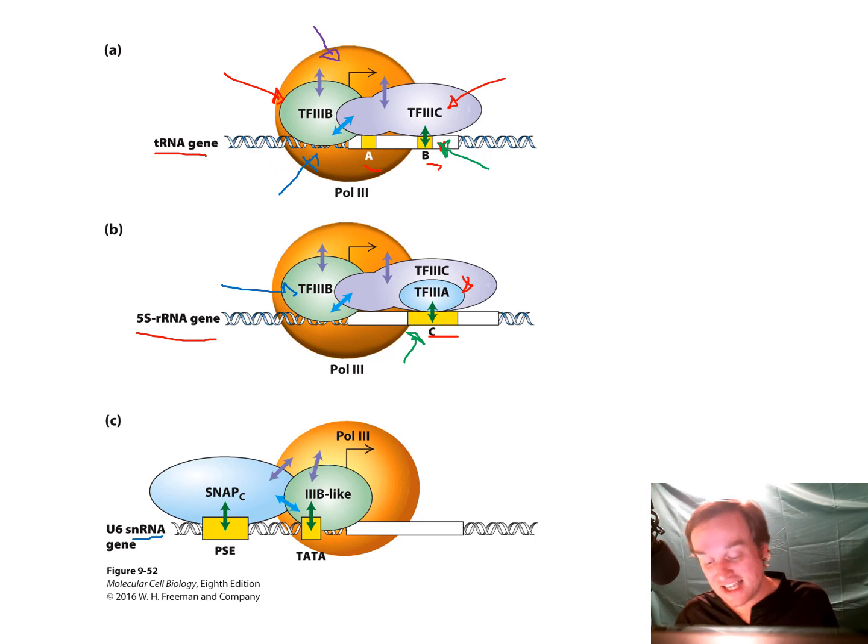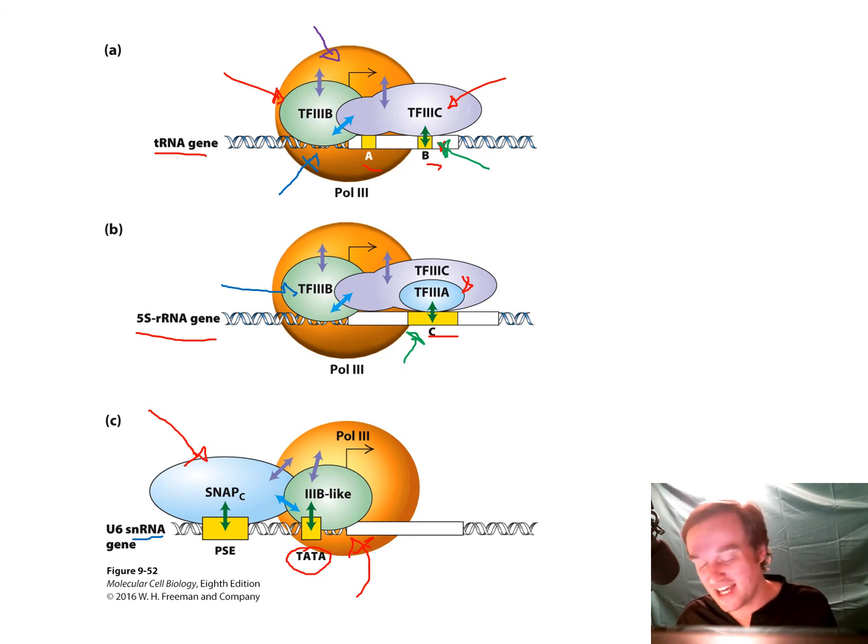So in this case, the U6 snRNA gene is controlled by this TATA box, and upstream of that is this PSE regulatory element, and during this transcription, SNAP-C binds to that PSE and this transcription 3B-like protein, so it's a little bit evolved from a transcription factor.